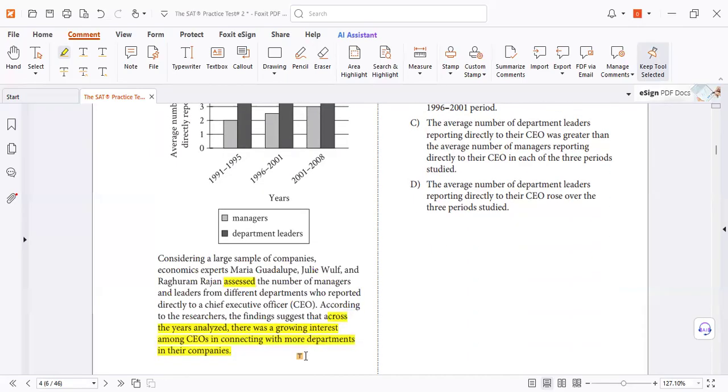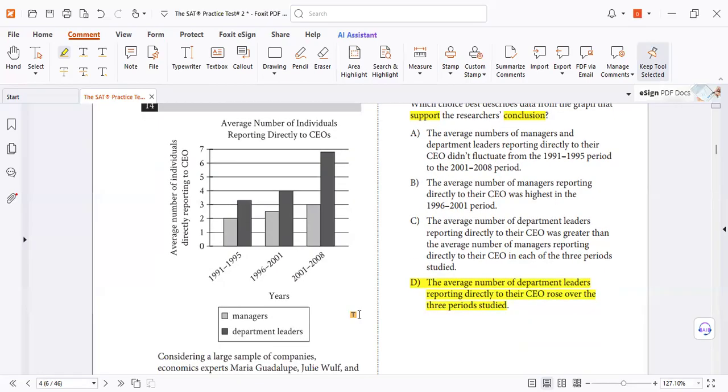The problem is the conclusion. Letter A, no, letter D. Why? Because sometimes we give you a general conclusion, growing interest among CEOs in connecting with more departments in their companies, but he didn't make it specific where. So department leaders reporting directly to the CEO, so the number rose over the three periods studied, all of them.